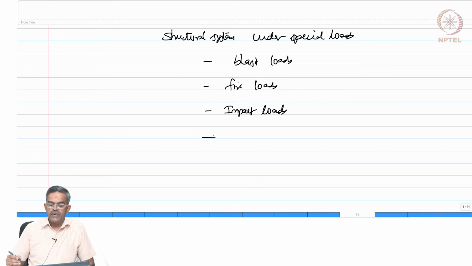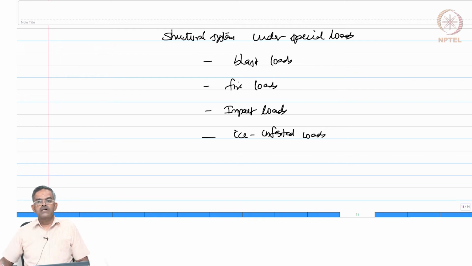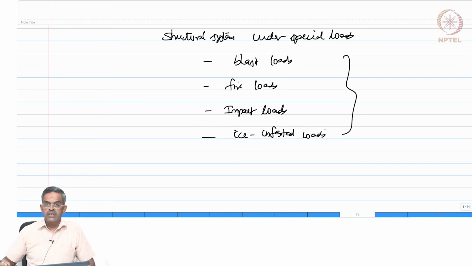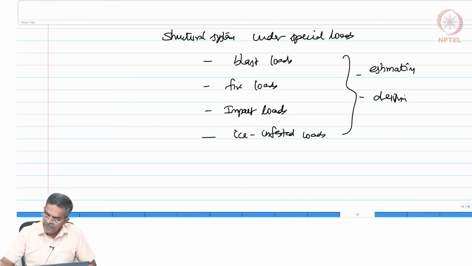In addition, we will also talk about ice infested loads because they are very useful for Arctic structures and they are not commonly available in the literature. So, we will give an overall comprehensive understanding of all these loads in terms of estimating them, in terms of designing a system under these loads, and so on and so forth.